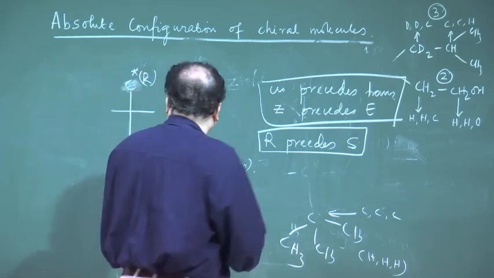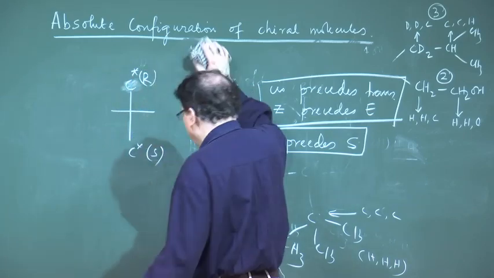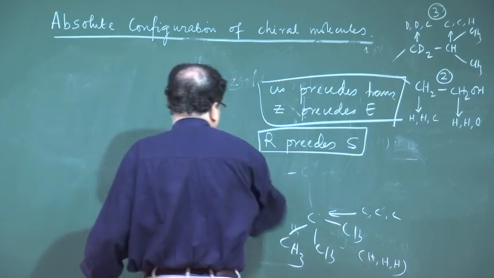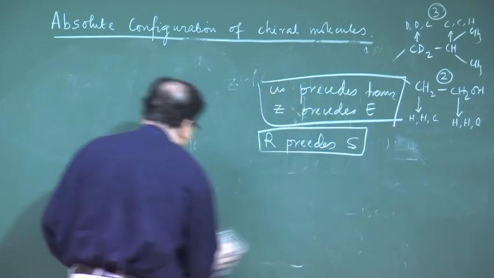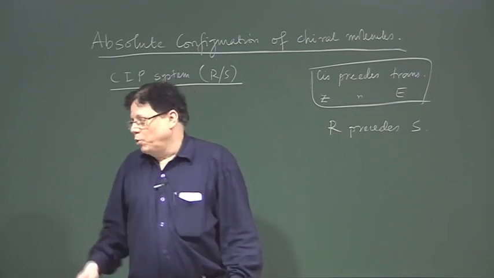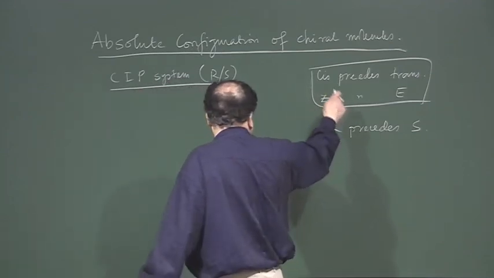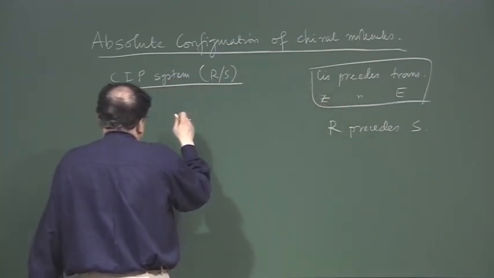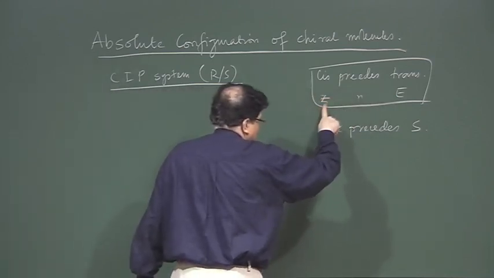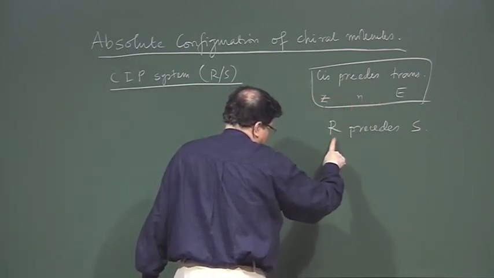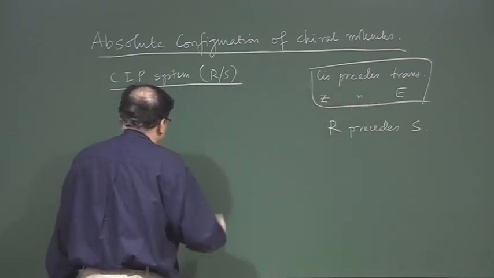Okay. Just to end, I can do one problem where this RS is involved. So, let us do a problem on these sub rules. Cis precedes trans or Z precedes E, and then R precedes S. Okay.